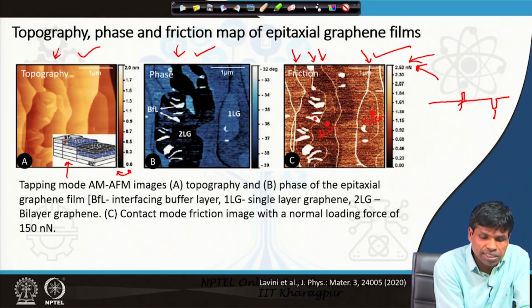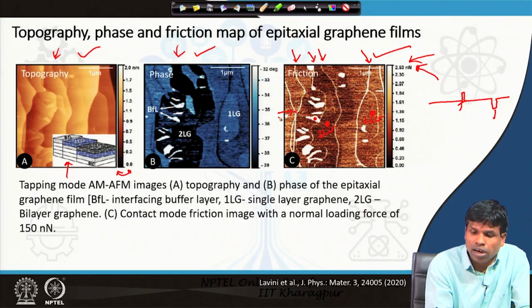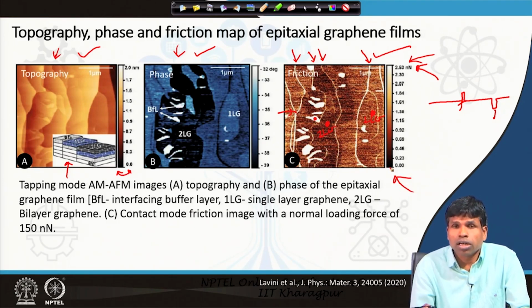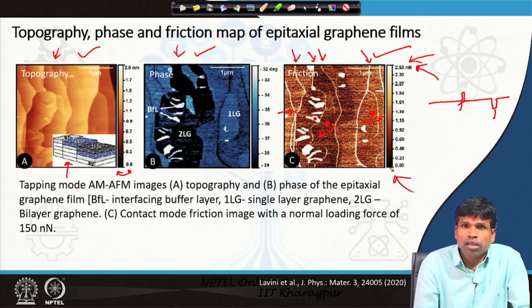At this edge we see quite high contrast. In this way, frictional properties of an inhomogeneous sample can be measured, and we can tell there is inhomogeneity in the sample surface, which sometimes cannot be detected from the topography image.